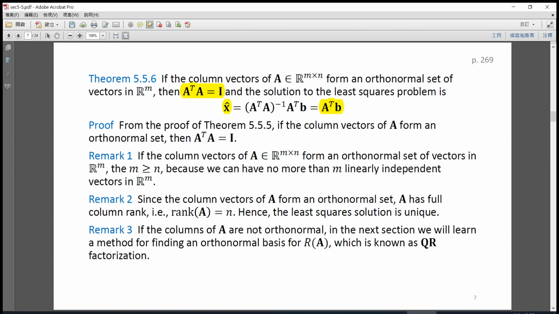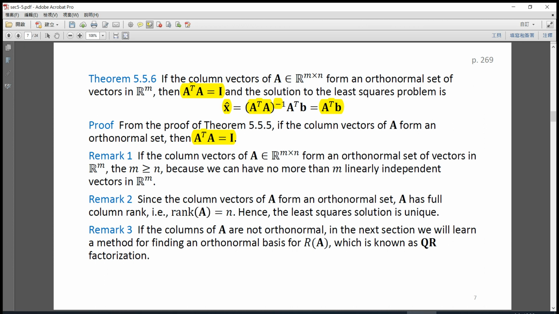The proof is straightforward, because from the proof of Theorem 5.5.5, we know if the column vectors of A form an orthonormal set, then we have A transpose A equals the identity matrix, and therefore the inverse of A transpose A also equals the identity matrix, and therefore x hat equals A transpose b.